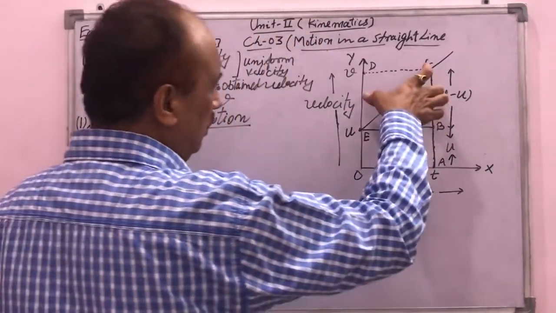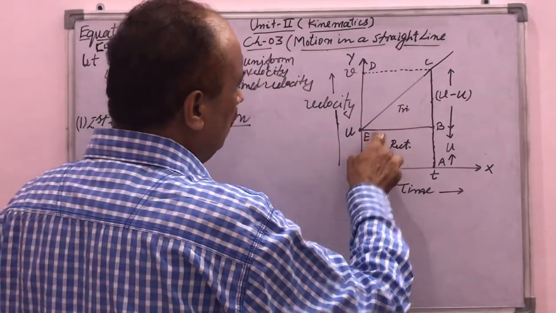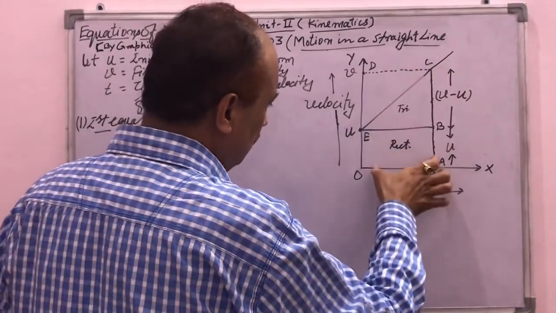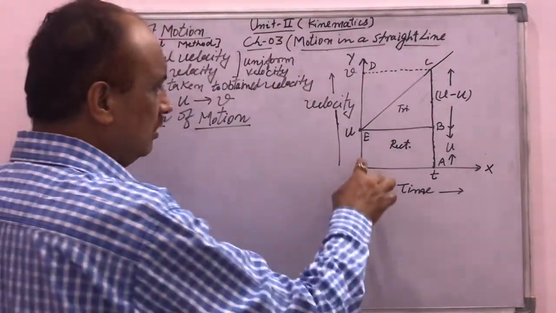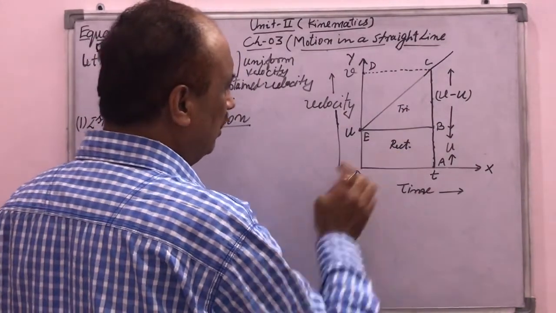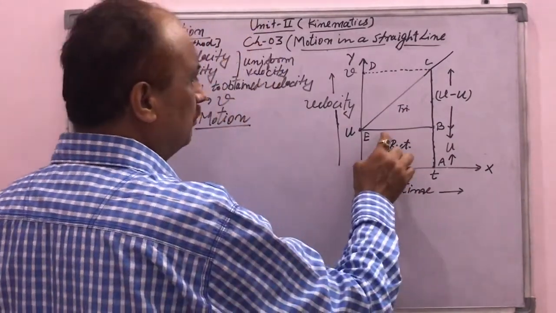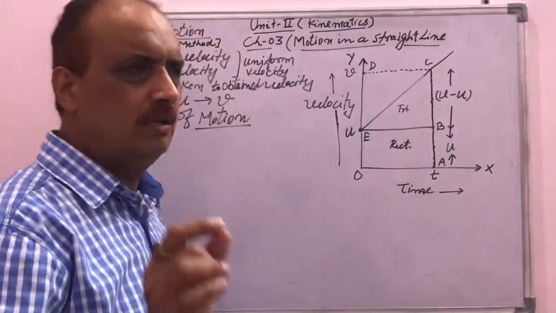So the graph enclosed by the points E to C is divided into two parts. One part is OABE, a rectangular part, and the other part EBC is a triangle part.